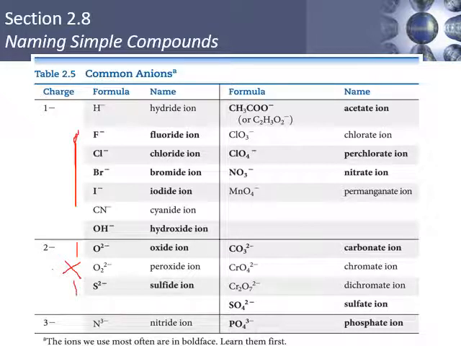The O and the S are in the 6th column. They have 6 valence electrons. They want 8, so they take 2 more. If they do take 2 more, they have a -2. Nitrogen is in the 5th column here, the one that I'm marking. So it has 5 valence electrons. It wants 8. If it takes 3 more to get 8, it will have a -3 charge. Again, don't worry about this stuff over here right now. We'll get to that later. Next.